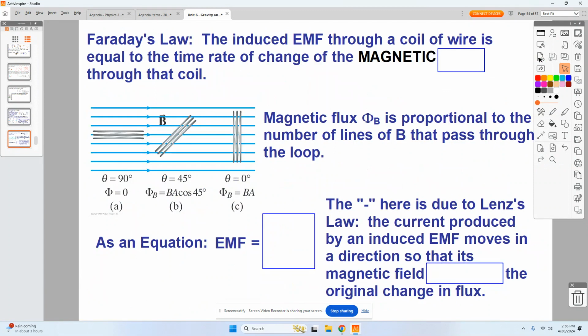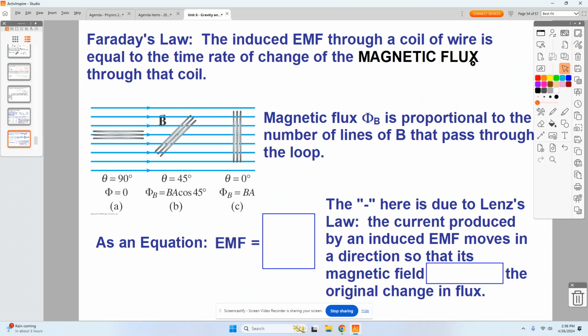The induced EMF through a coil of wire is equal to the time rate of change in what's called magnetic flux. Now, flux is the term we use to try to describe field. The symbol looks like a Greek letter phi, subscript B, for magnetic flux. It is proportional to the number of lines that pass through that loop.